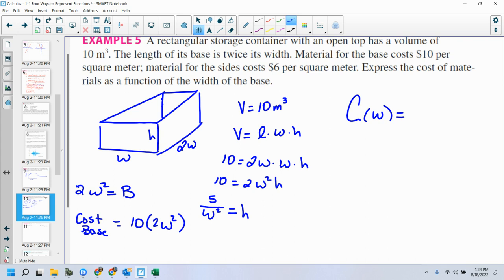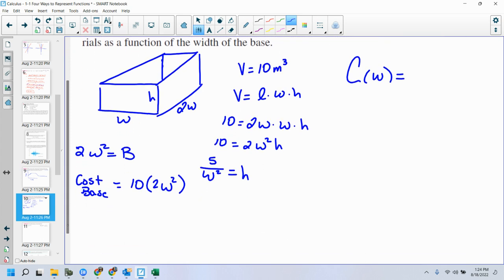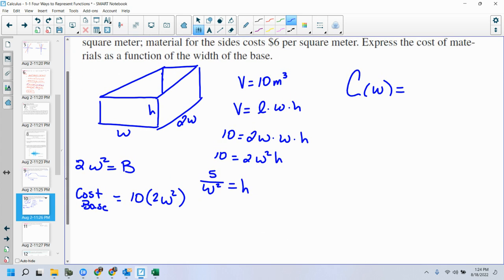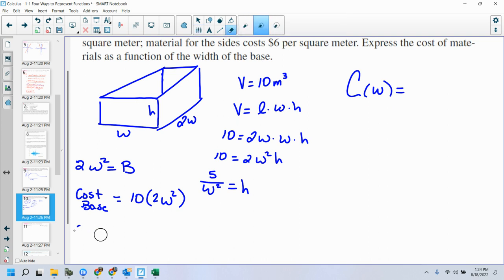Okay, but it's got a different cost for the material for the sides. It's $6 per square meter for the sides. So let's talk about cost for the sides. Let's talk about area of the sides first.